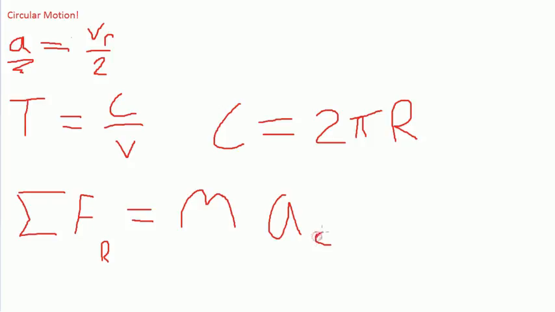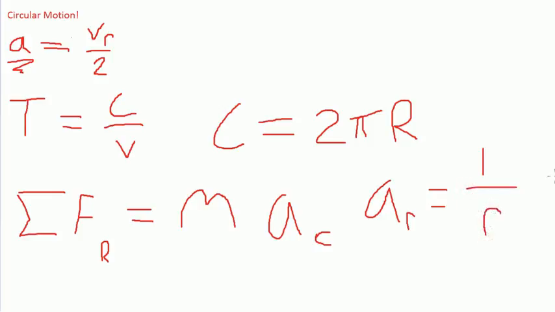The other important thing, a little bit later, is not really a formula, it's just something that you should know. The magnitude of radial acceleration is inversely proportional to the radius.